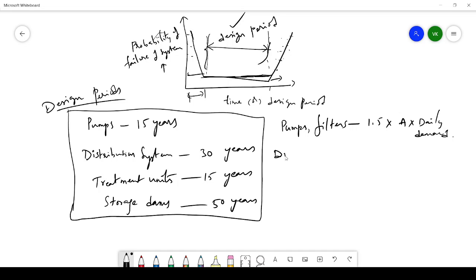Similarly, the distribution mains should be designed for total draft. This is very important. Total draft. The meaning of total draft or coincidental draft.